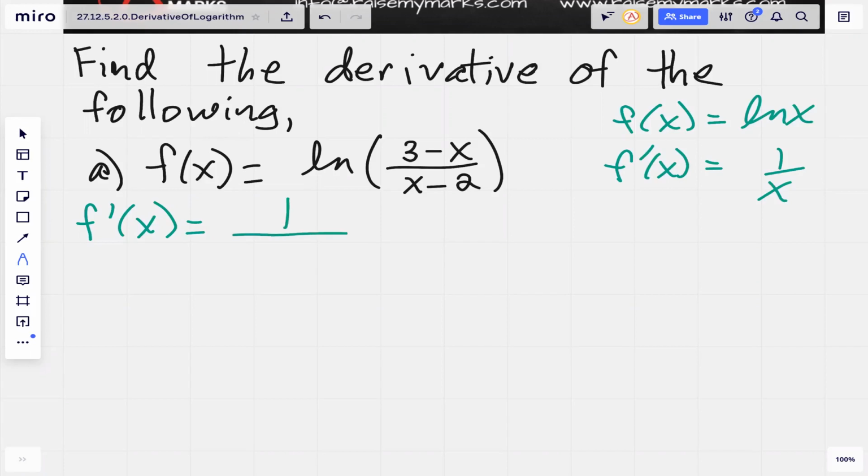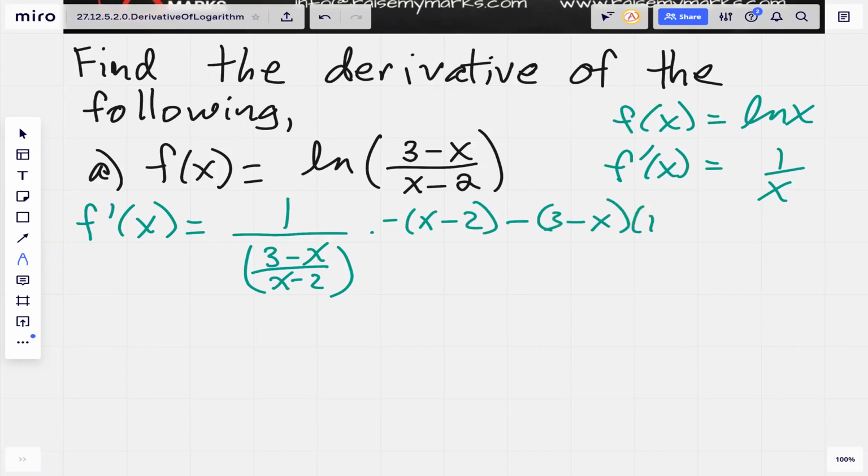This is 1 over (3 minus x over x minus 2) times the derivative of what's in brackets. So we need to use the quotient rule. So negative 1 times (x minus 2) minus (3 minus x) times the derivative of x minus 2, which is 1, all over (x minus 2) all squared.